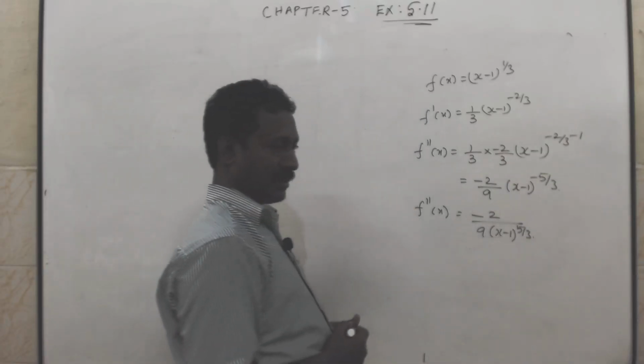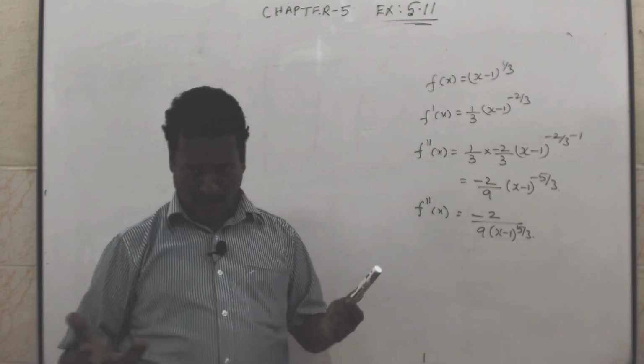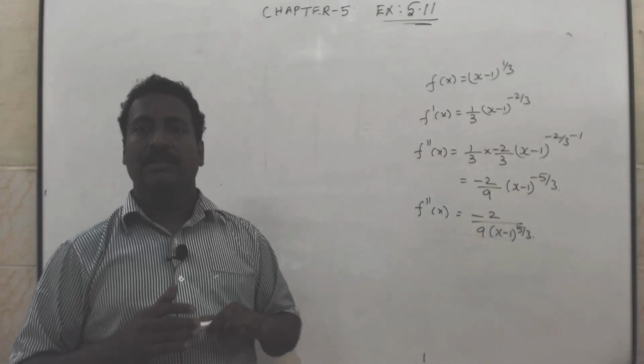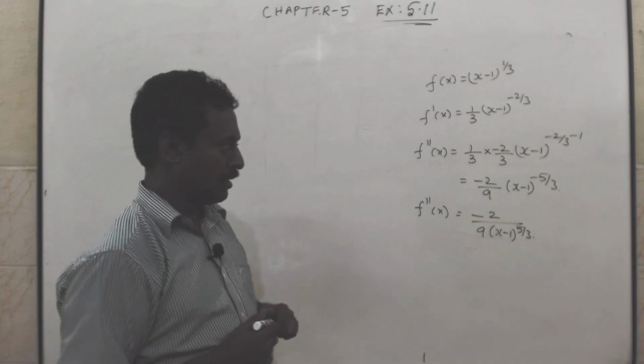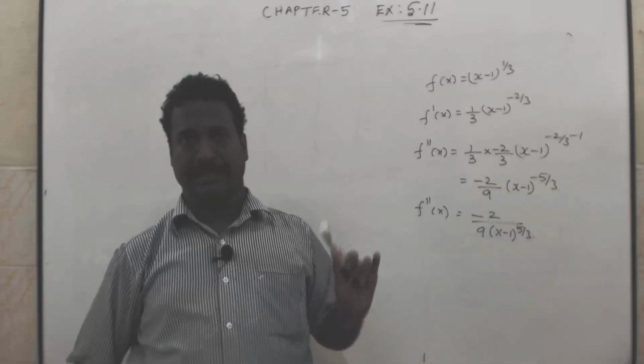The power comes to the denominator. Here, setting f double dash of x equal to 0, we can't find the value of x. That's why we have to verify only the concavity and convexity. When x is equal to 1, f double dash of x does not exist.